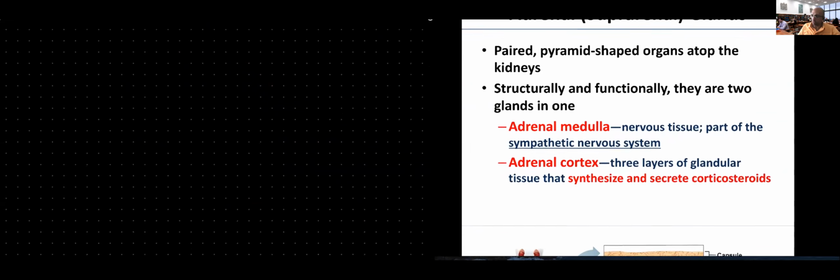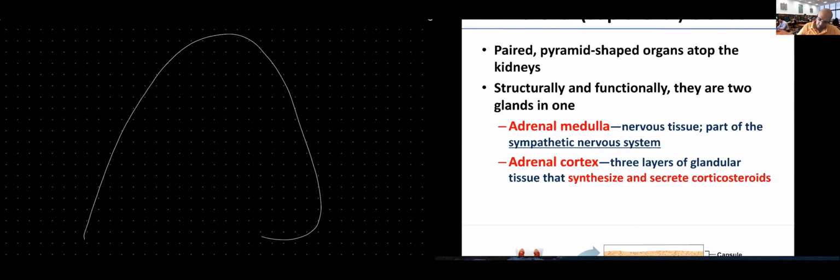Moving on to another gland, this is going to be the suprarenal gland or the adrenal gland. The adrenal gland is this pyramidal shaped gland located above the kidney. As we mentioned earlier, it has two different parts. The inner part of the adrenal gland, this is my adrenal medulla.